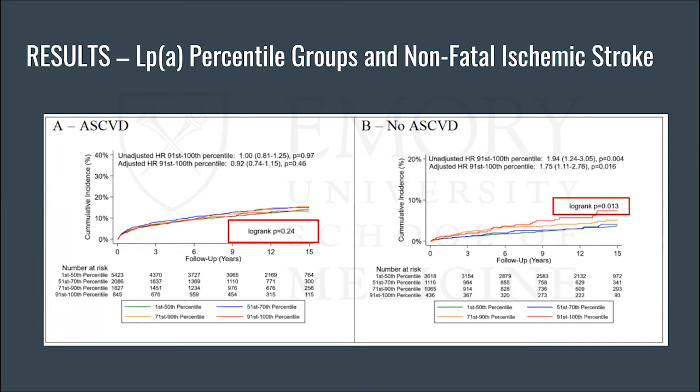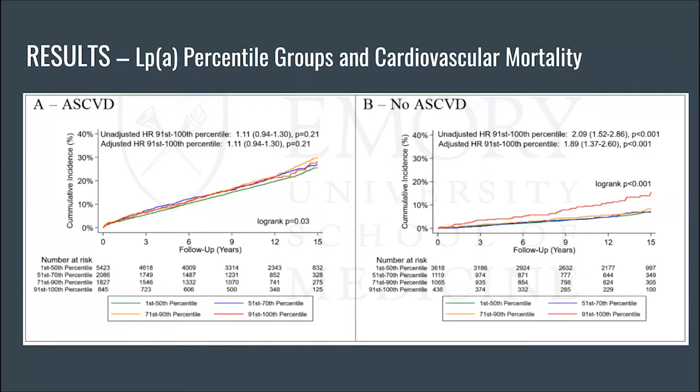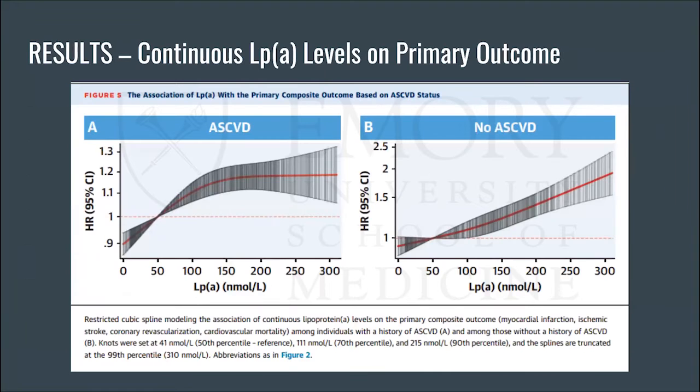The ASCVD group didn't necessarily show a difference in trend, but this did still show significance with no ASCVD. The non-fatal ischemic stroke also had a similar trend when you come down to cardiovascular mortality, with the ASCVD group again not having a statistically significant difference, or at least approaching it. But the no ASCVD group was still significant with regards to that trend.